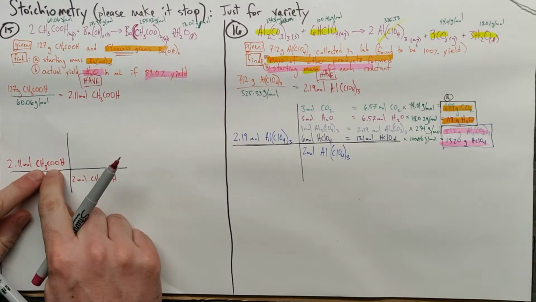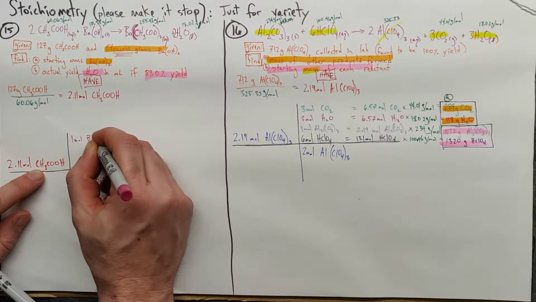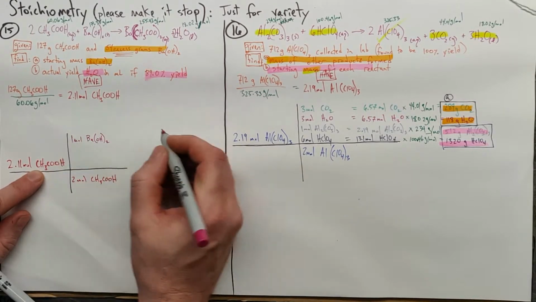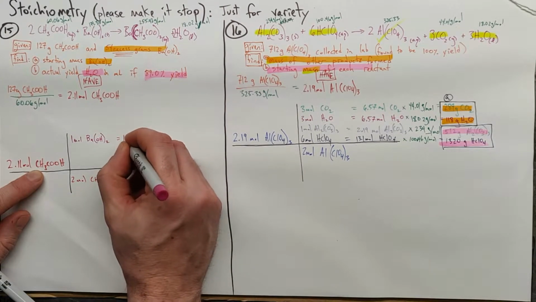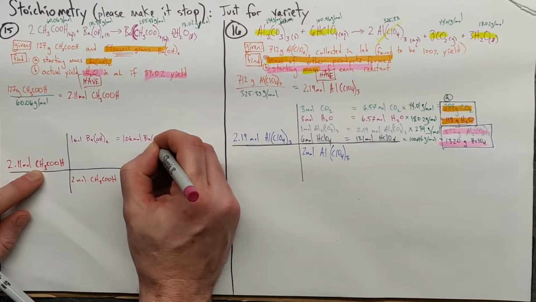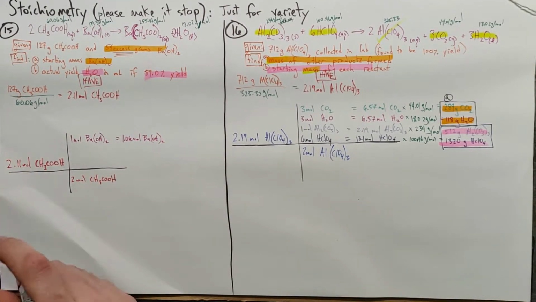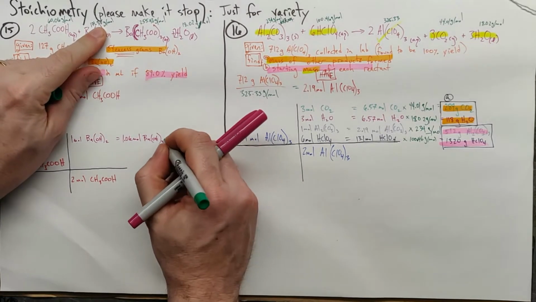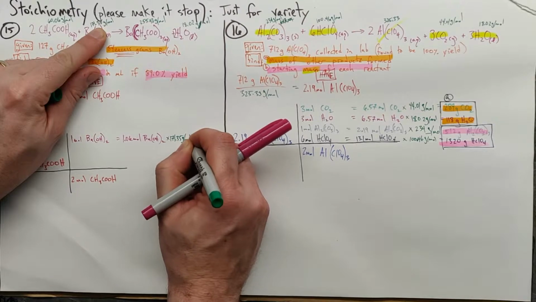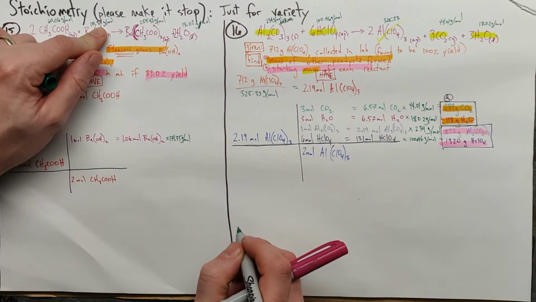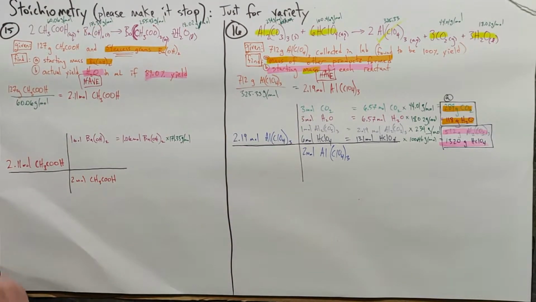Let's get some colors moving here. We know that for the barium hydroxide, we've got one of those, so 1 mole barium hydroxide, and that'll give us 1.06 moles of barium hydroxide, which we then multiply by its molar mass, and for barium hydroxide that's 171.35, and that gives us 181.2 grams, and this is rather important.